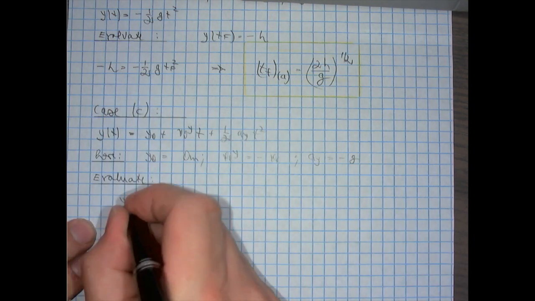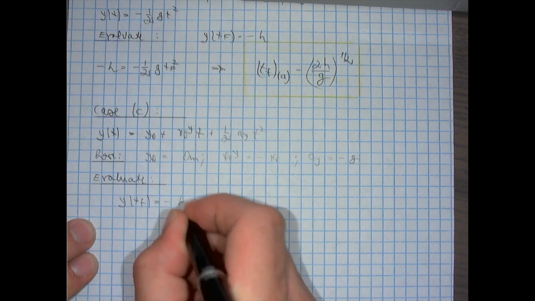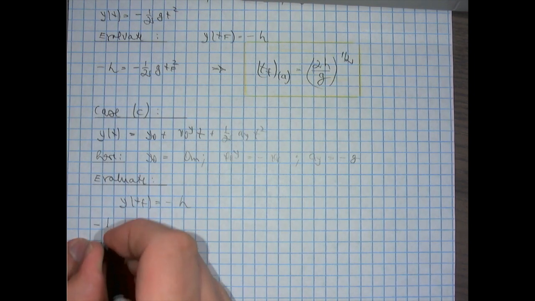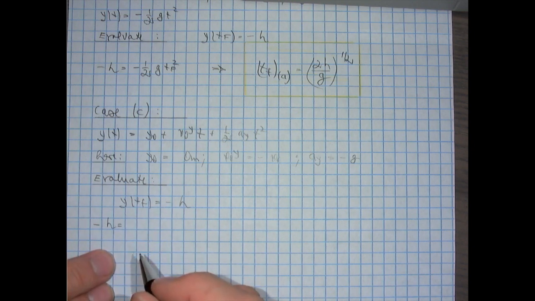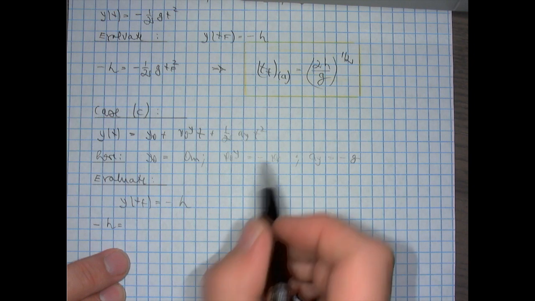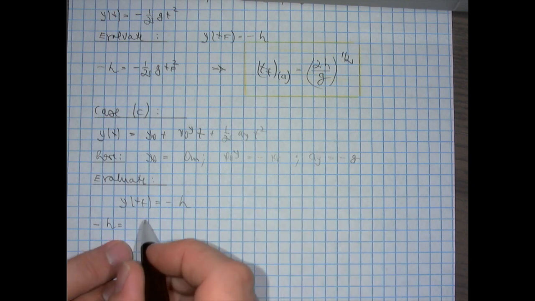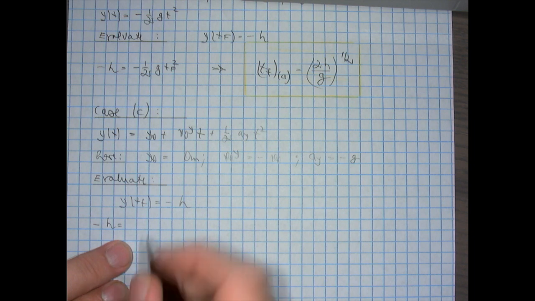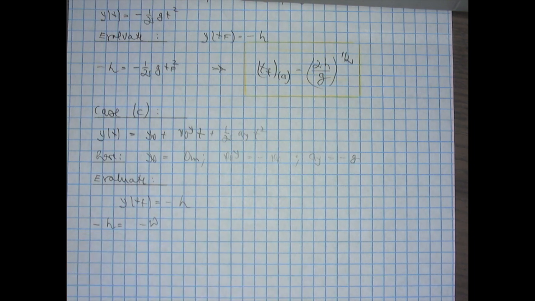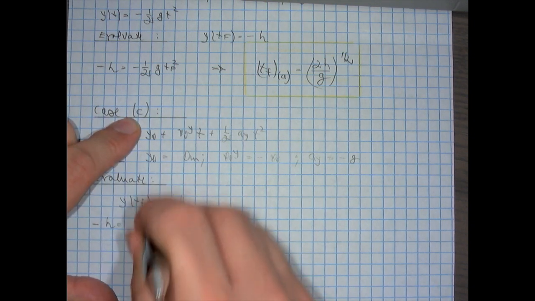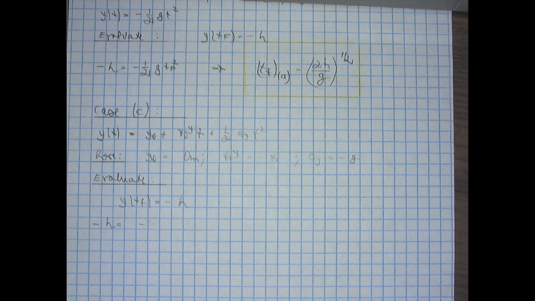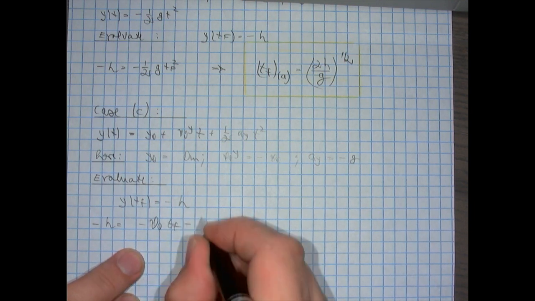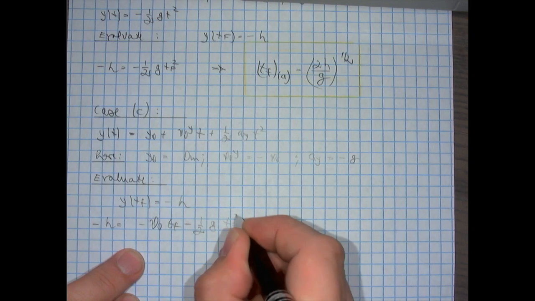So also here y of tf equals minus h, same thing. But now this looks a little bit more complicated because you have an initial velocity which is different from 0. So therefore we have here minus v naught tf minus a half g tf squared.